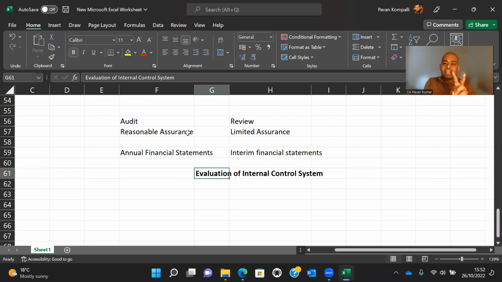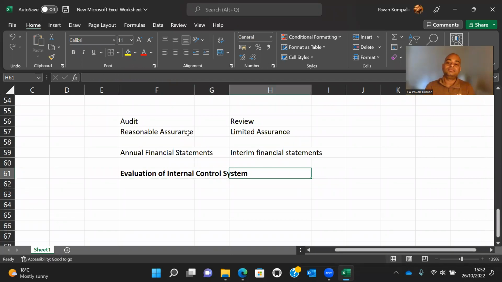In one you will do evaluation of internal control, in another you do not. Now you tell me, under which assurance engagement do you evaluate internal controls? In case of review, normally internal control system evaluation will not happen.